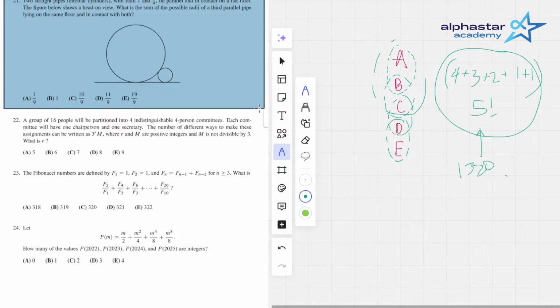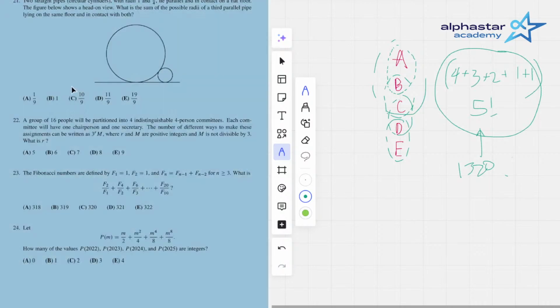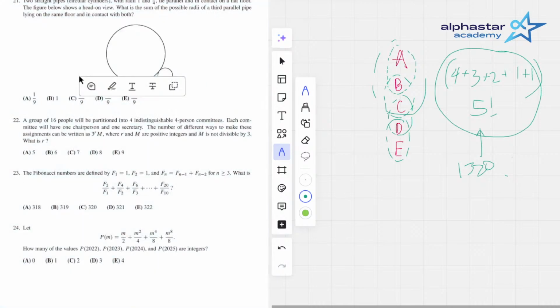You get 1/9, maybe you only see the small example where you have one here, and you get the answer 1/9, but then you see that 1 is also an answer, and 10/9 is also an answer. That highly suggests that 1 is also a possible radius or something similar, right? So you always want to look for that situation where answer choices might challenge your answer.